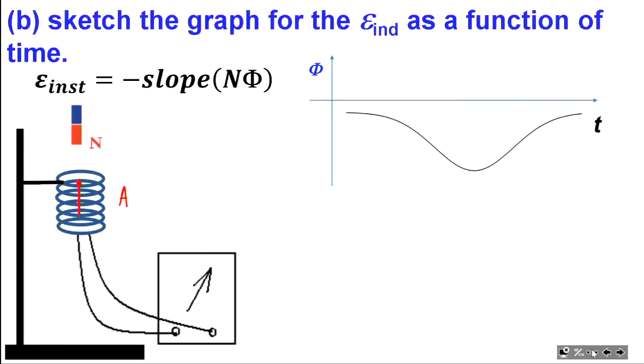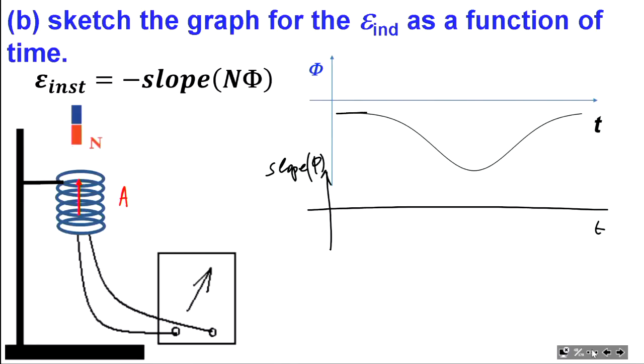Well, for that we need to use this relationship between the induced EMF and the slope. At first, just for the matter of practicing, I recommend to sketch the graph for the slope itself. So here, the graph for the flux is practically horizontal, so practically there is no slope, zero.